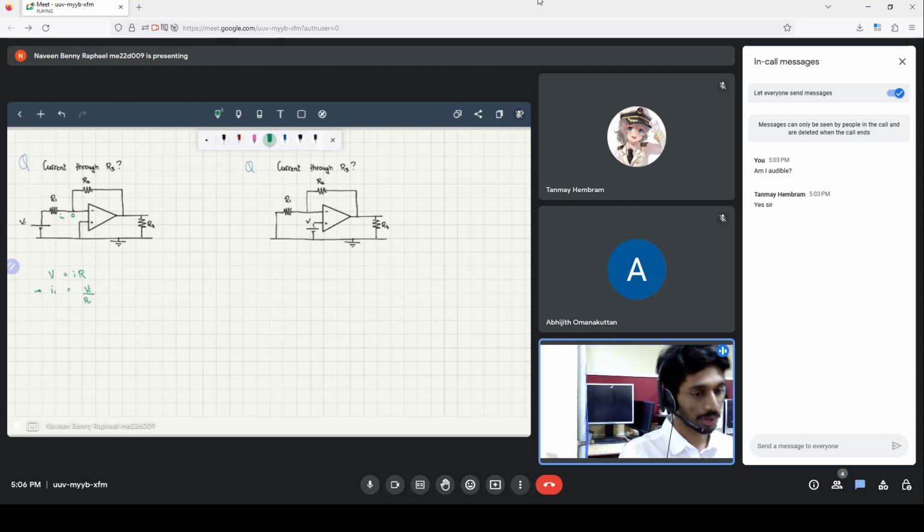Another important thing about operational amplifiers is that current cannot enter through either of these inputs. Therefore, the entirety of the current I1 in this junction will move upwards into the resistor R2.